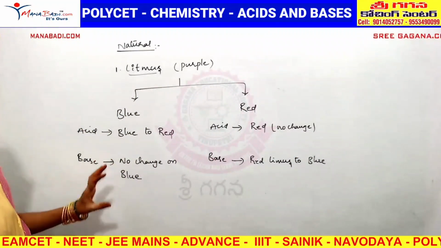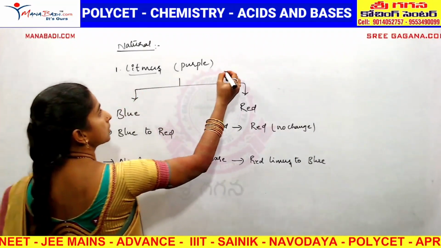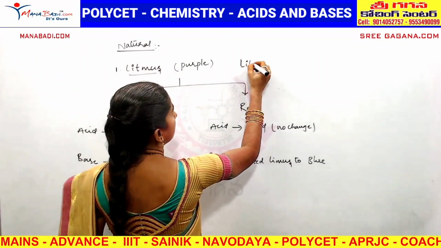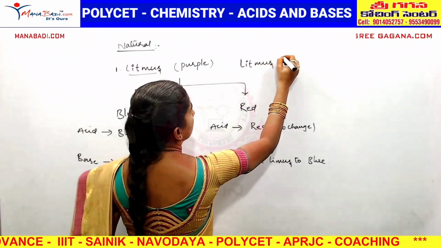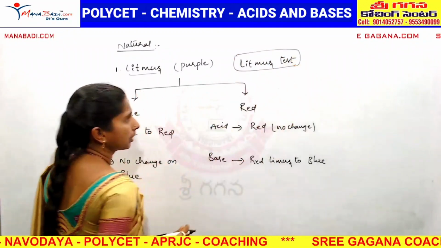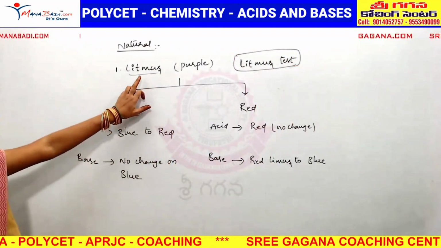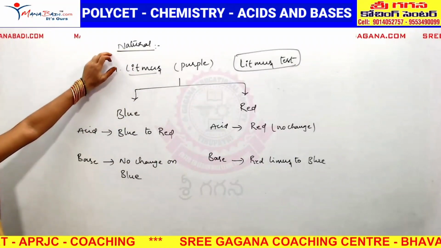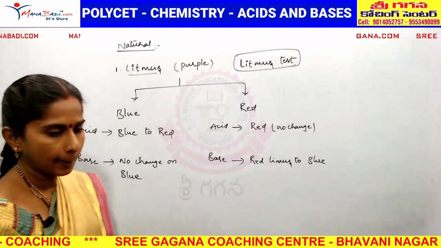So this is the litmus test. This test is called the litmus test. Generally we use it in our laboratory. So litmus also comes under natural indicators.